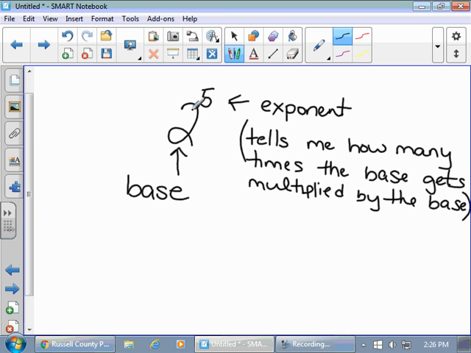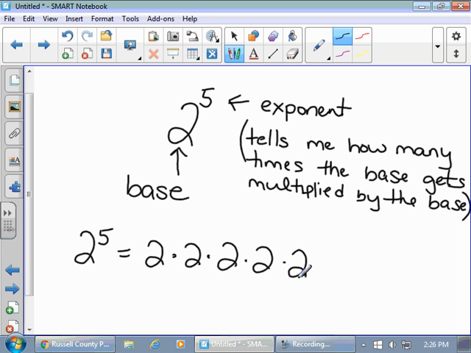So 2 to the 5th power, what's my base? And I'm going to multiply 2 by 2 how many times? 5 times. So this looks like 2 times 2 times 2 times 2 times 2. Now what is that answer going to be? No, 2 times 5 is 10.